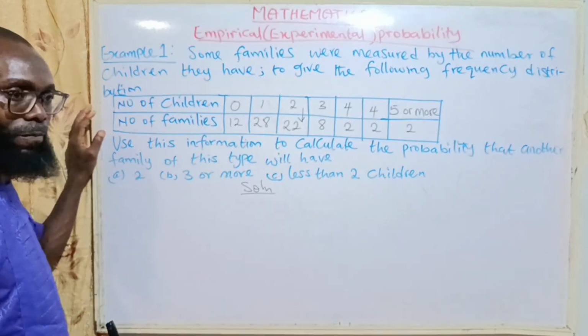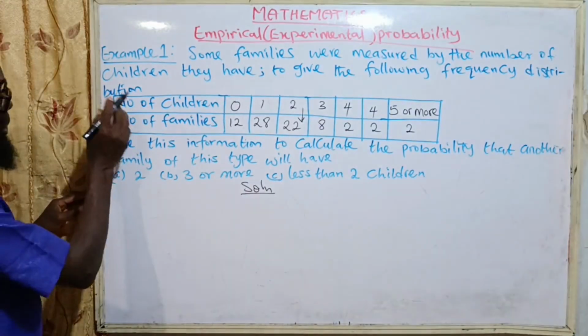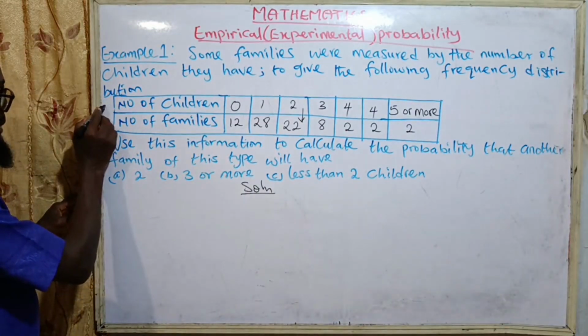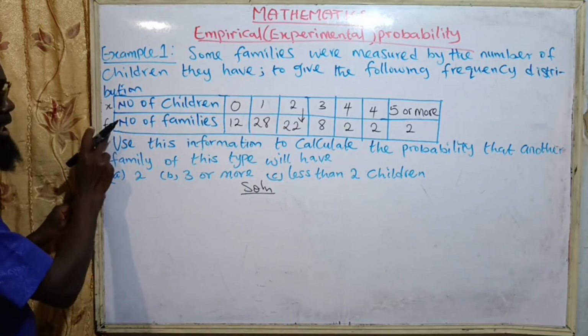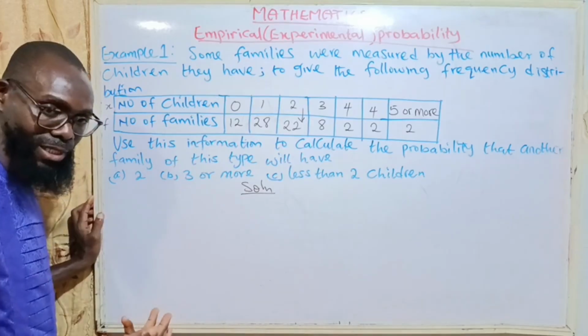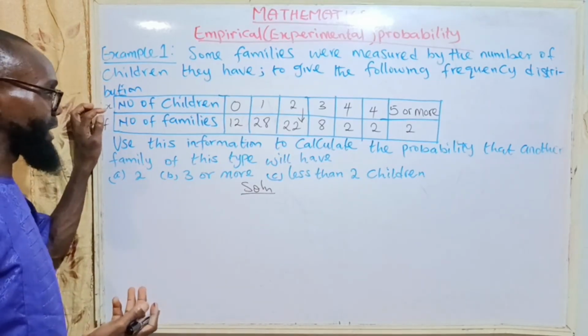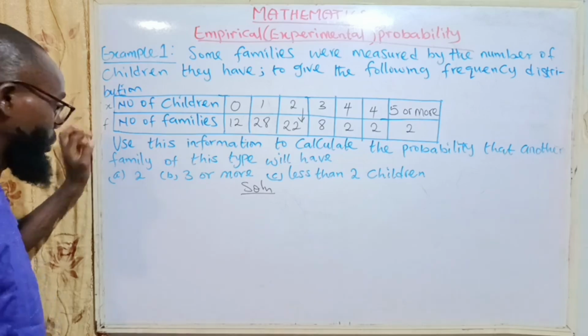Let's call this our X, and this our Y or F, the frequency. Frequency means the number of times the children occurs. So we have to find the total frequency.